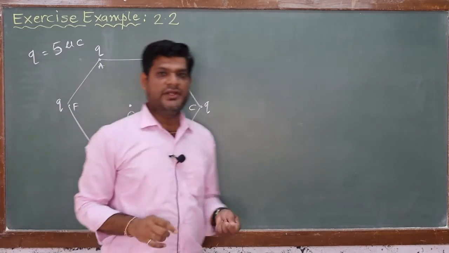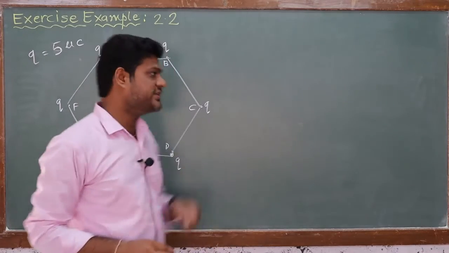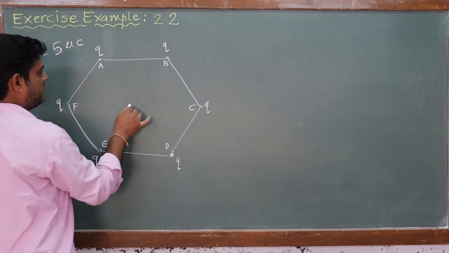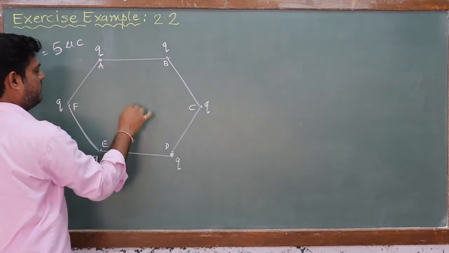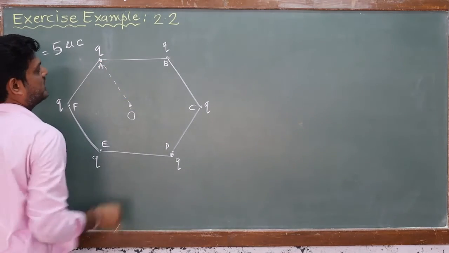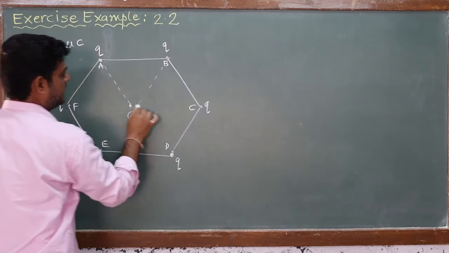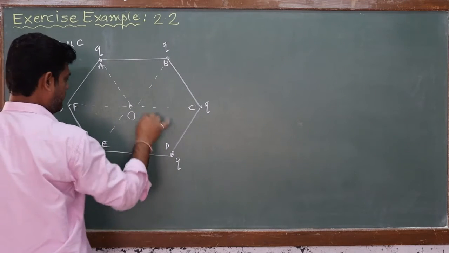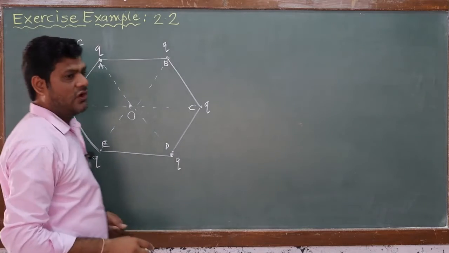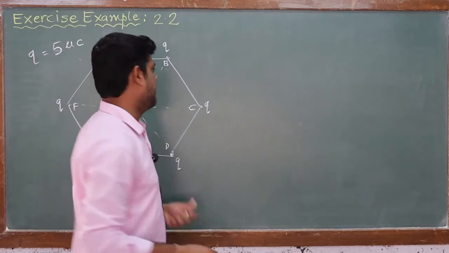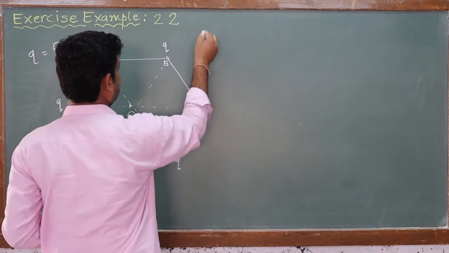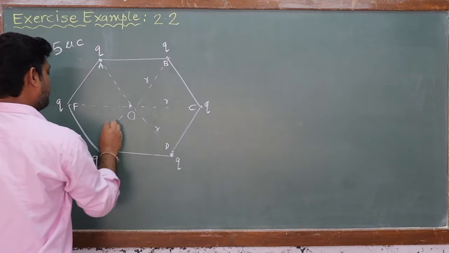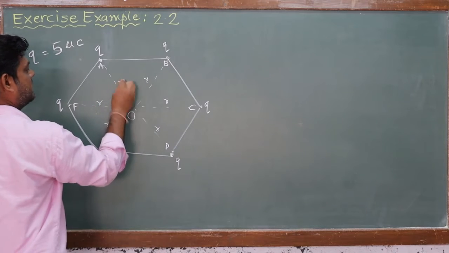Here this is a regular hexagon, so we can say that the distance of the vertices from O, AO, BO, CO, DO, EO, FO, all the distances are the same, and we can say it is R. Right?